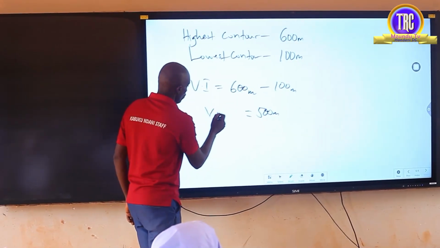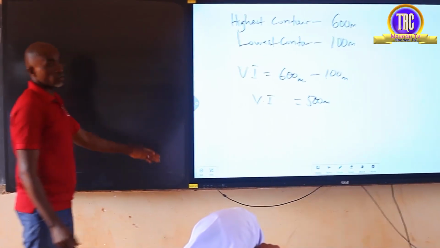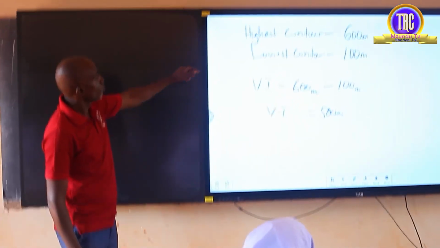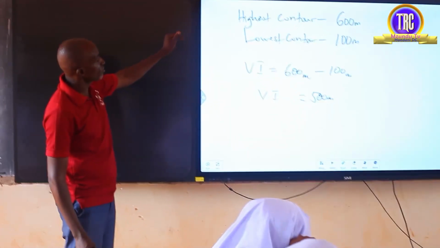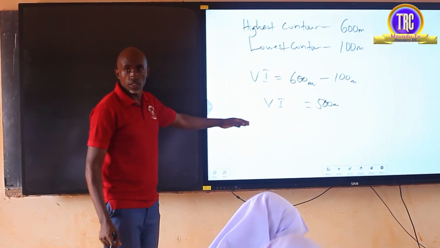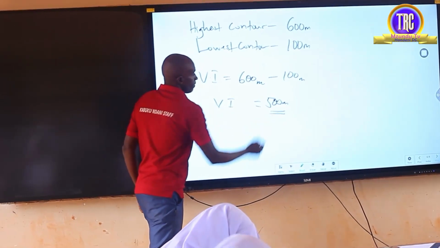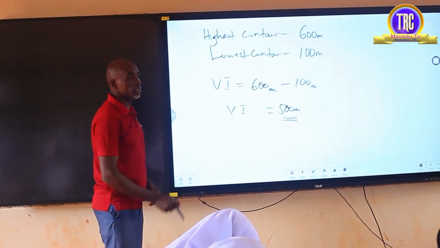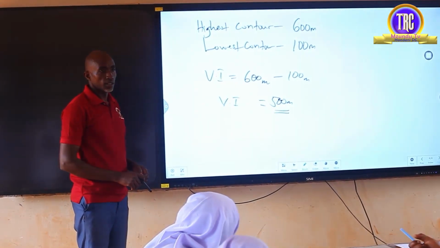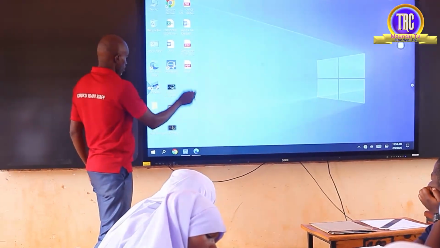This is the vertical interval. So when you want to identify a vertical interval, we take the highest contour minus the lowest contour, and from there you get 500 meters. Let us look here.